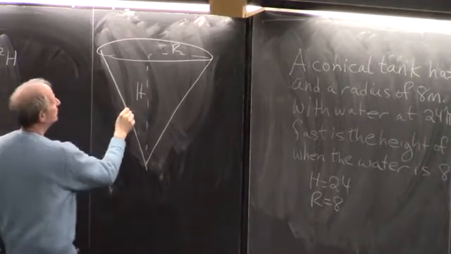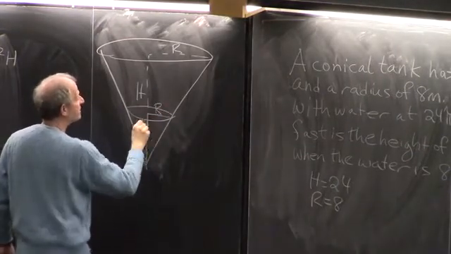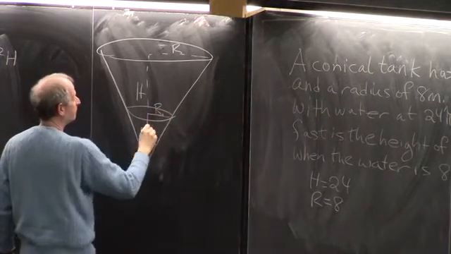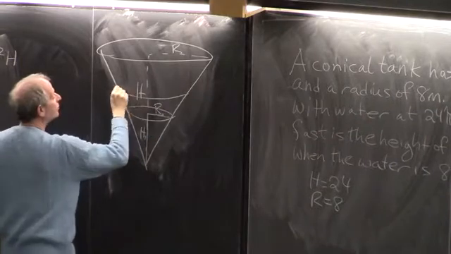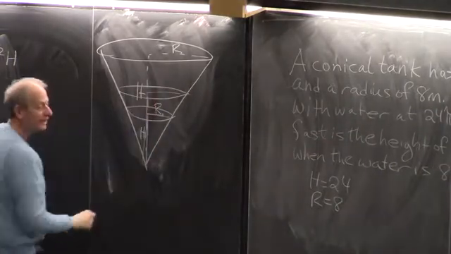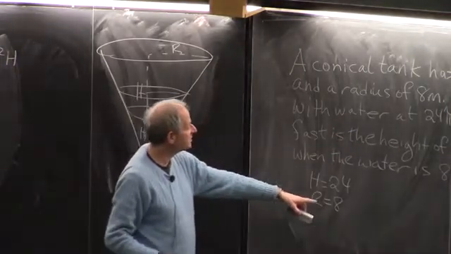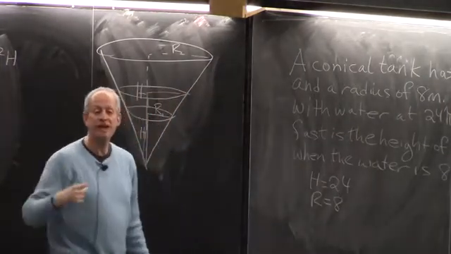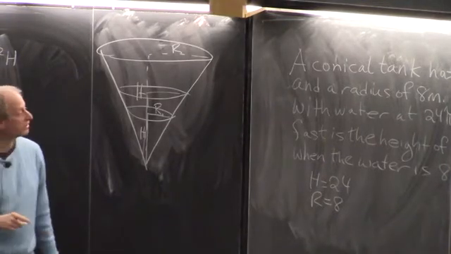At any moment, the ratio of the radius to the height is always the same. Okay? So, any radius divided by its height will equal any other radius divided by its height, and so on. You get similar triangles. So, since the radius is 8 and the height is 24, that ratio is always going to stay 3 to 1. That's going to be important.